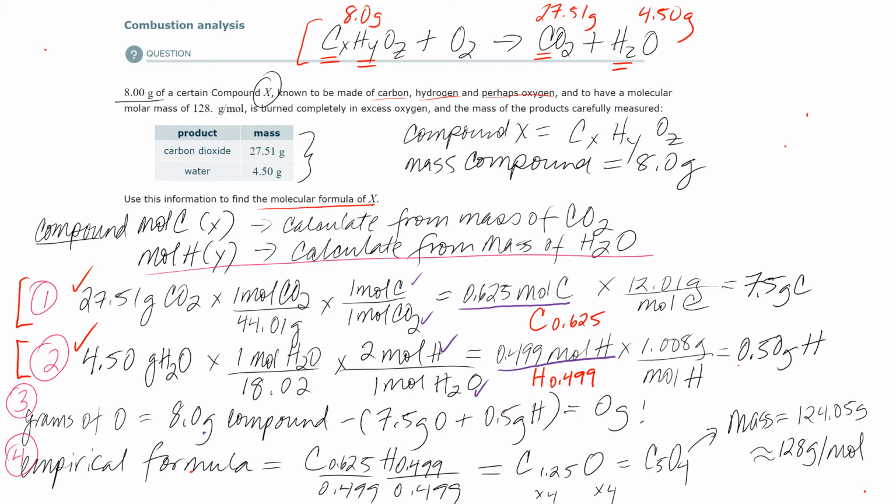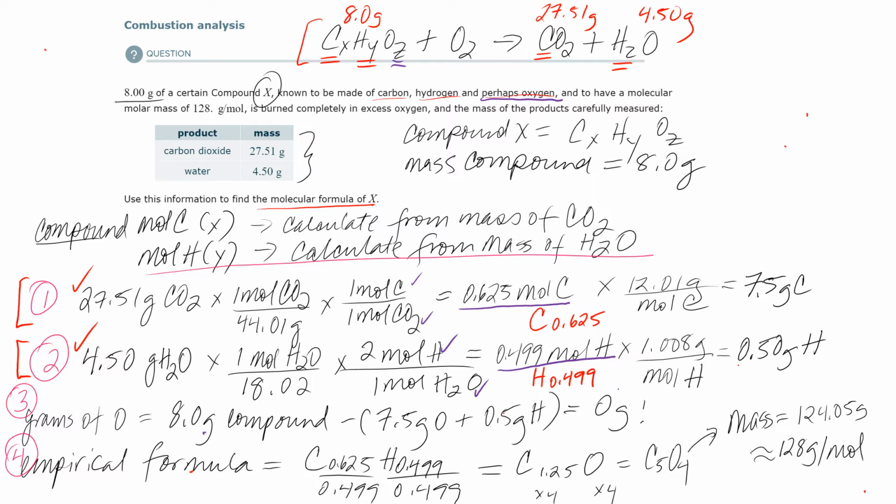Okay, so the only thing left to solve now is what is the oxygen that is in our unknown compound, if any, because it says up here, perhaps oxygen. I let that be represented by Z, but now we're going to figure out, do we in fact have any oxygen? In order to achieve that, I actually need to know the gram amounts of carbon and hydrogen.